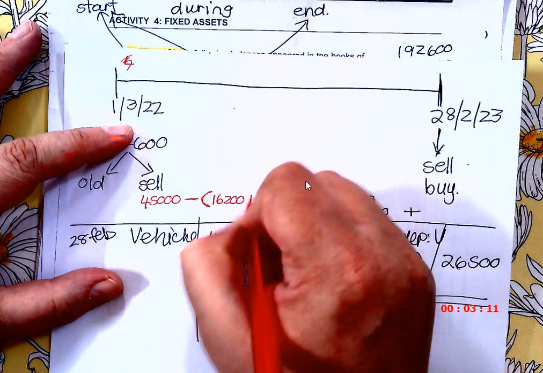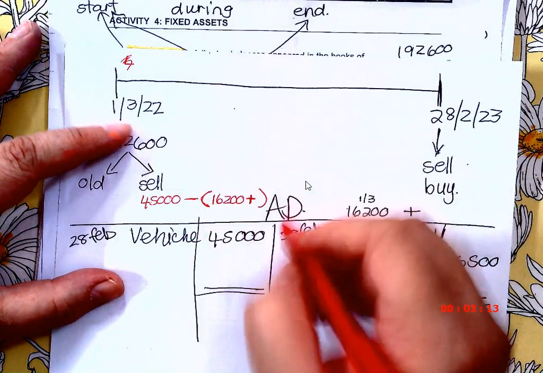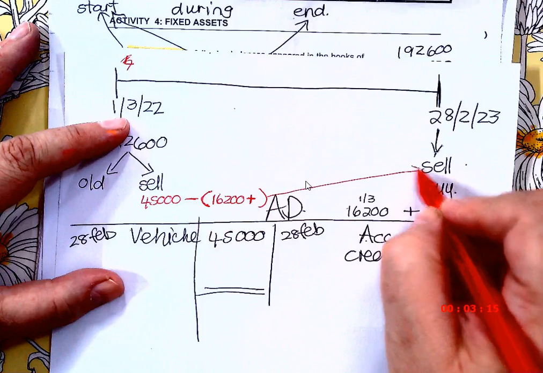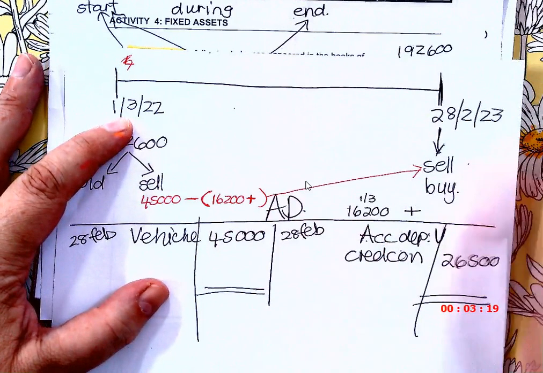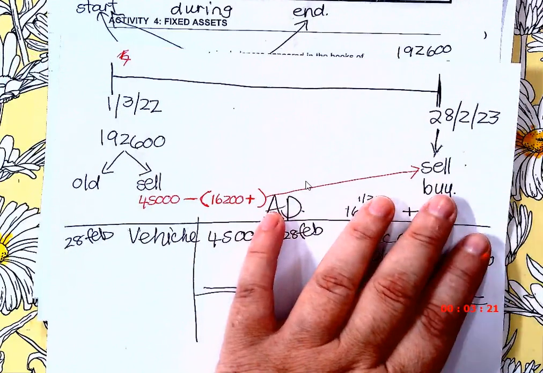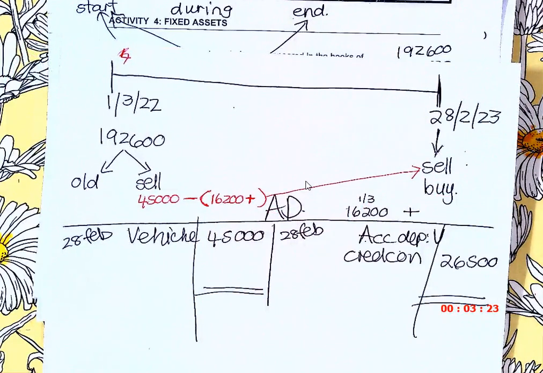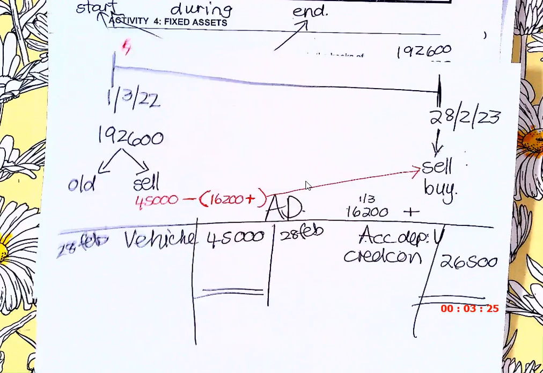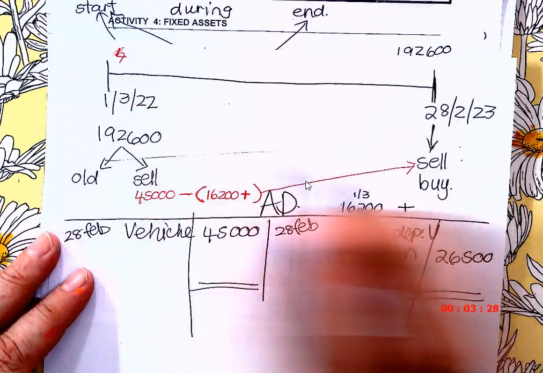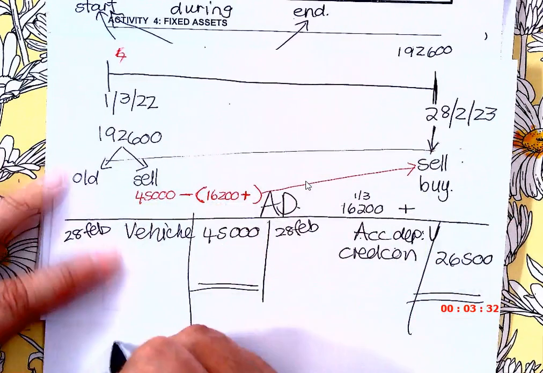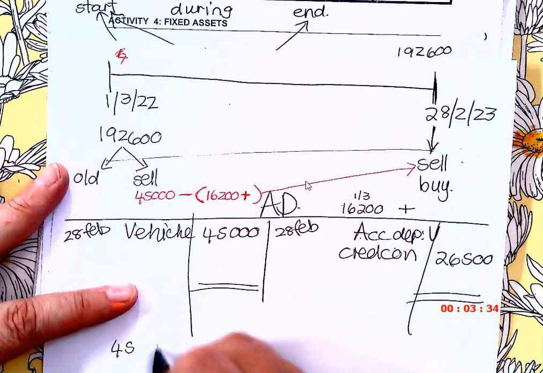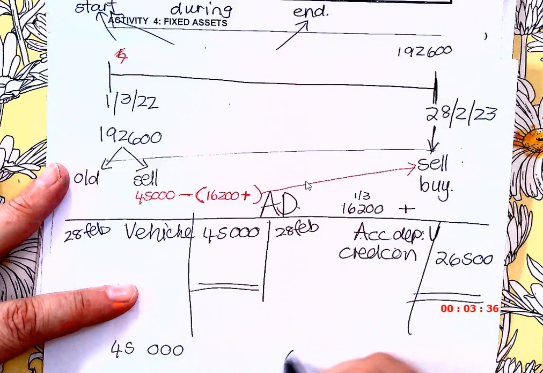But I need to get the accumulated here on that day when I'm selling it. You see? So now I need to say, how will I get the depreciation for the year? And you can see now I've had it a full 12 months. Right? So I'm going to say 45,000, and in the end it's going to be for 12 months.